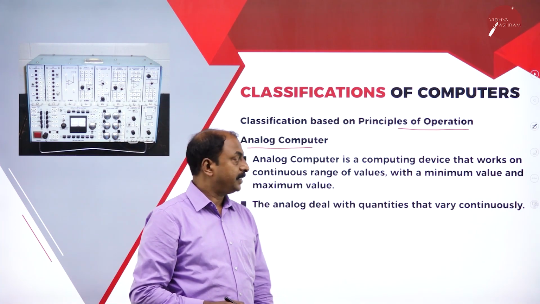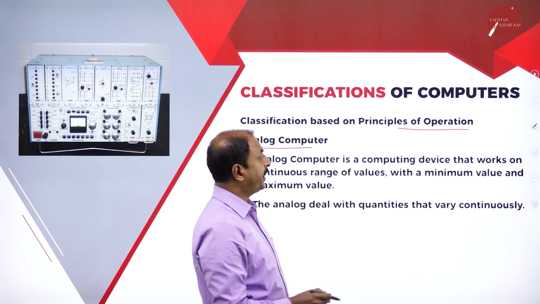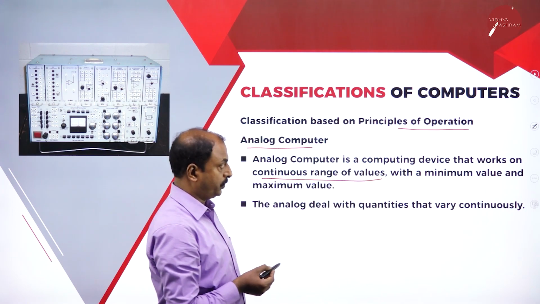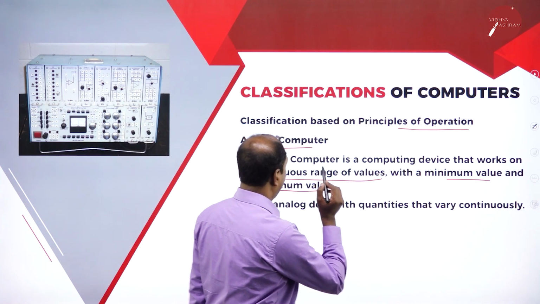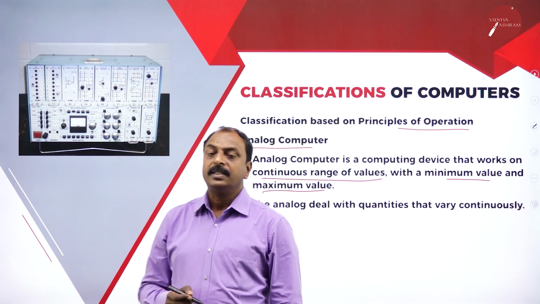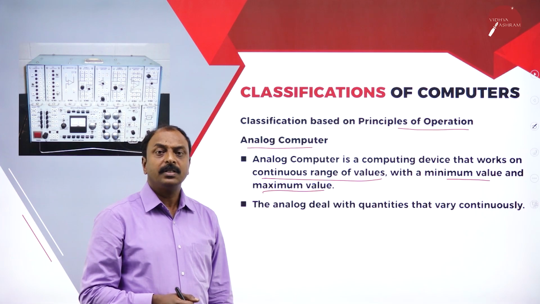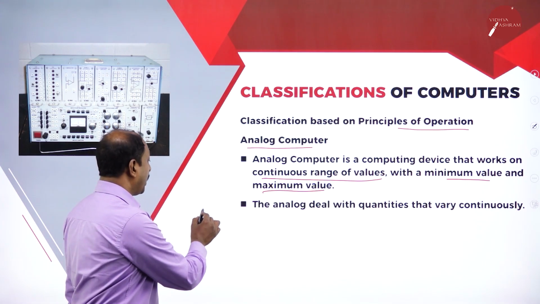Analog computers. What are analog computers? An analog computer is a computing device that works on a continuous range of values with a minimum and maximum value. What is analogous? Analogous is nothing but information or calculation based on the signal. Students, you might have heard of something like a graph.